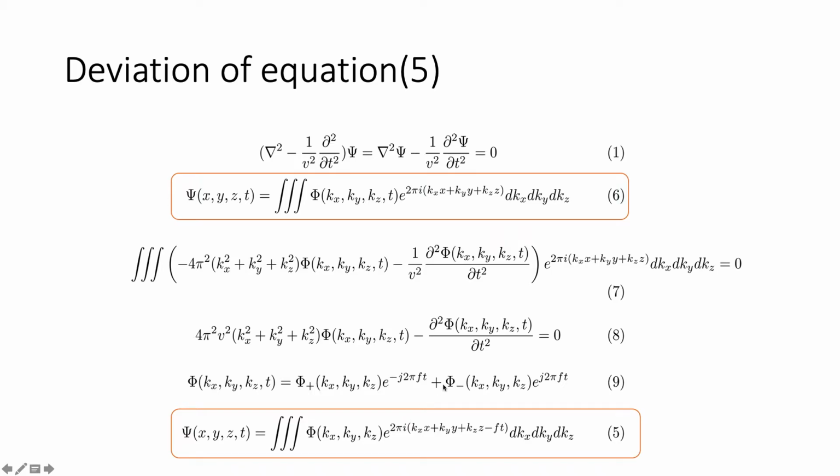We assume phi negative is 0 here, and by plugging this solution back into equation 6, we could get equation 5, where phi equals phi positive. And when t equals 0, both function psi and phi are related by FT operation.